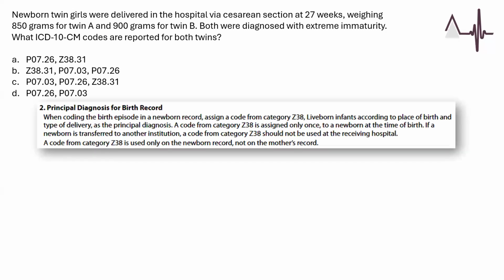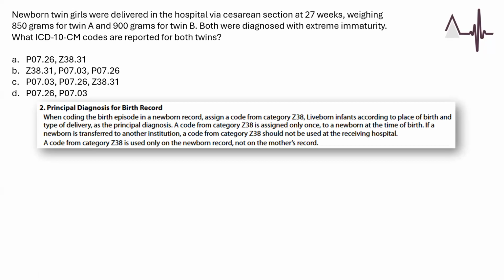In our ICD-10-CM guidelines, I.C.16.a.2 indicates when coding the birth episode in a newborn record, assign a code from category Z38, liveborn infant, according to the place of birth and type of delivery as the principal diagnosis.